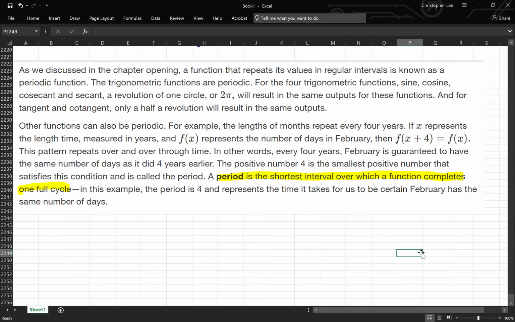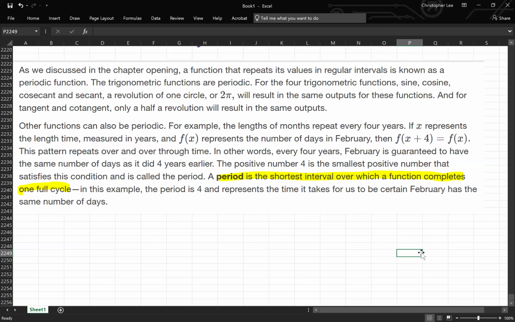For example, the length of months repeats every 4 years. So let's say x represents the length of time measured in years and f of x represents the number of days in February. Then f of x plus 4 would be equal to f of x. This pattern repeats over and over through time. In other words, every 4 years, February is guaranteed to have the same number of days as it did 4 years earlier.